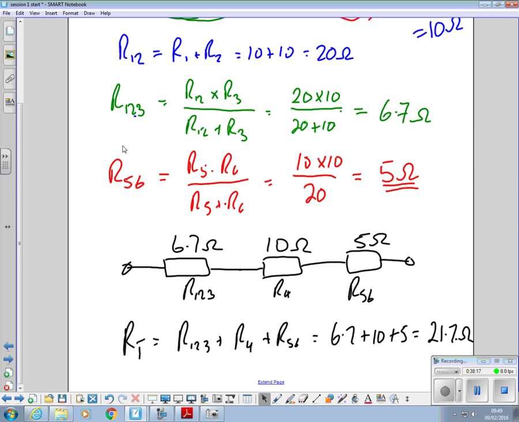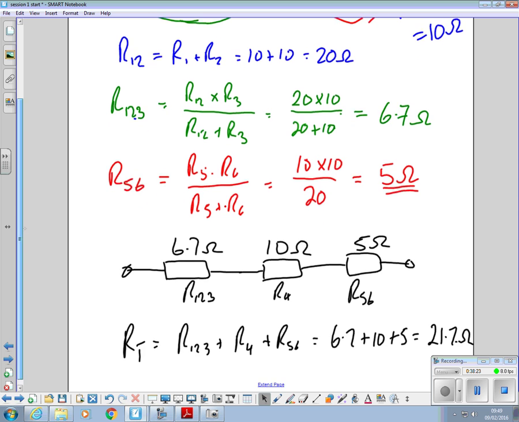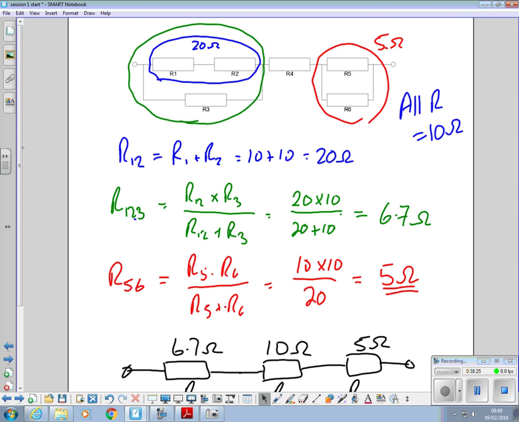So although a combination circuit could look initially quite complex, it still only uses the same 3 formula options to break it down. What you're looking for is little sections of it that are either all series or parallel that you can simplify into one resistor.